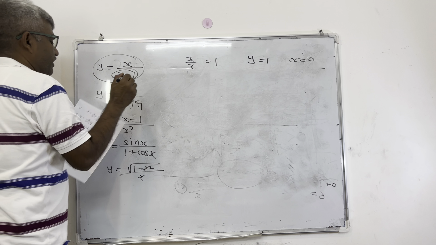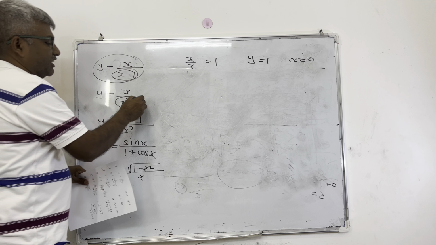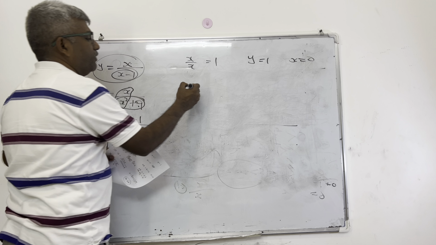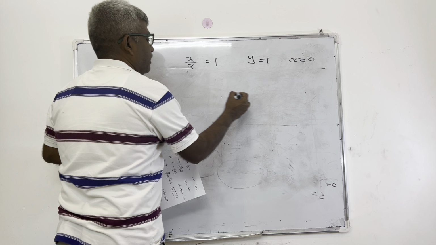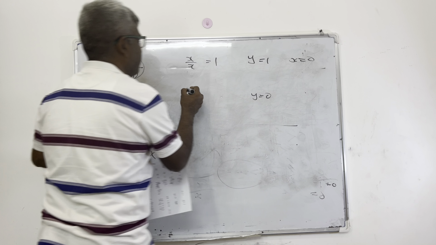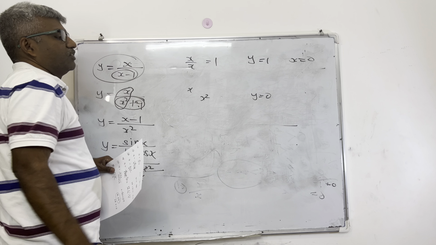Then the second one. The denominator cannot be 0 because of x squared plus 9. But I told you, if the denominator has the higher power, then y equal to 0. The numerator is x, the denominator is x squared, so y equal to 0.